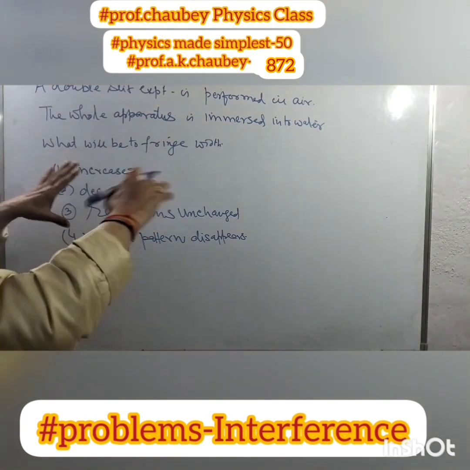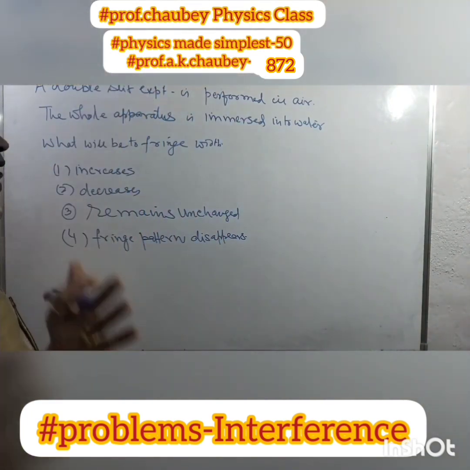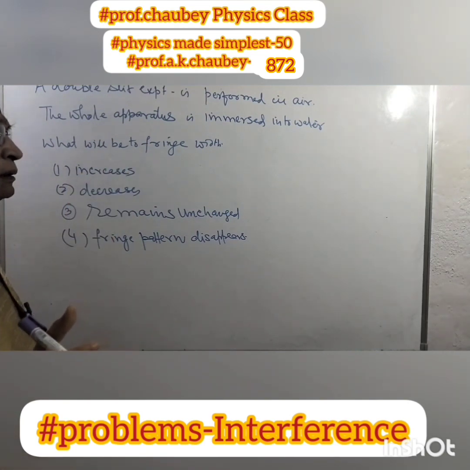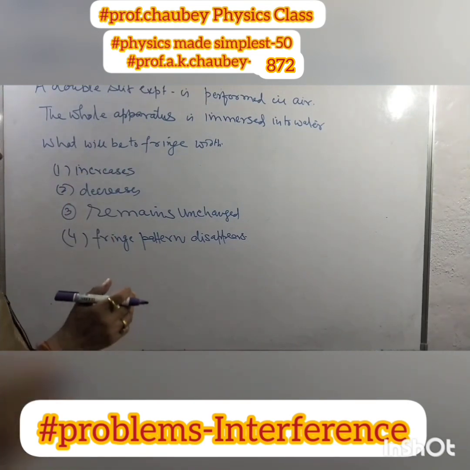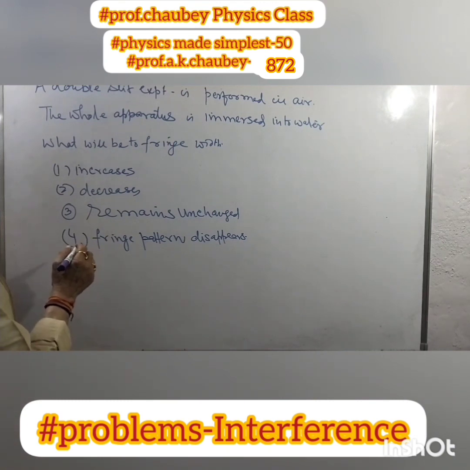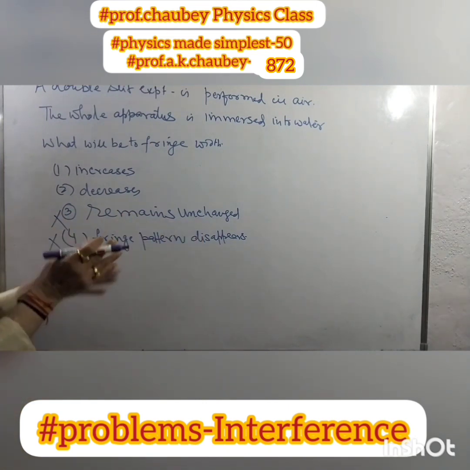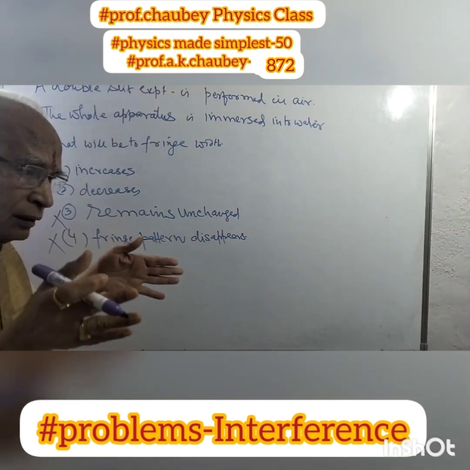The whole setup, you have just changed the media. Media means you have changed the refractive index, mu. Remains unchanged? No, this is not it. Increase means fringe width becomes wide.